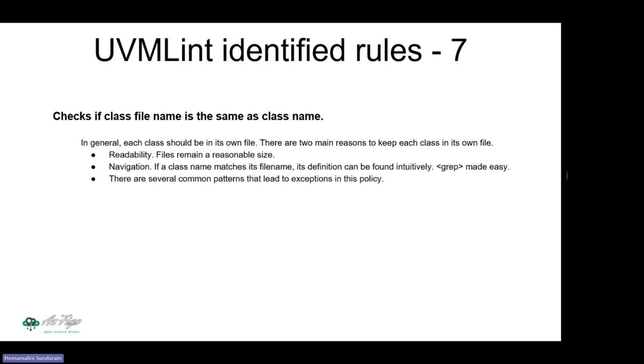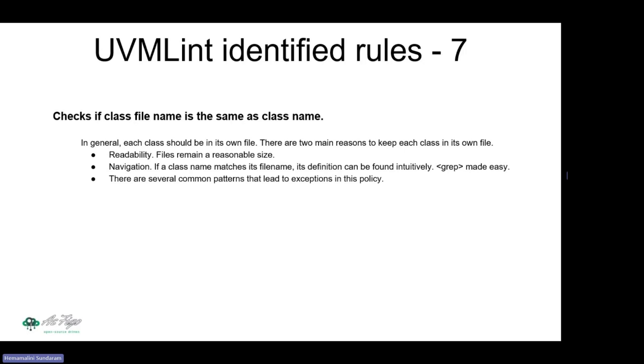In rule number 7, the linter checks if the class file name is the same as the class name. In general, each class should be in its own file. There are two main reasons for this: readability, which I think we discussed, and files remain a reasonable size. Navigation: if a class name matches its file name, its definition can be found intuitively.